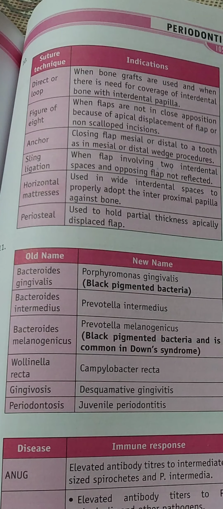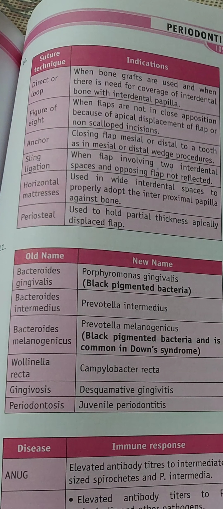All this I have covered in the first video. In the second video I have talked about different instrumentation angles, what type of angle you need to keep in scaling, what type of angle is in curettage, different types of instruments, and treatment plans, that is the basic stages, preliminary, phase 1, 2, 3, 4. So I've discussed it in the second video also.